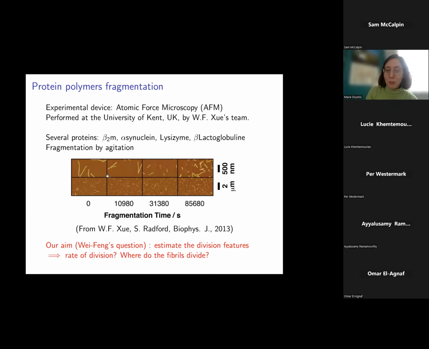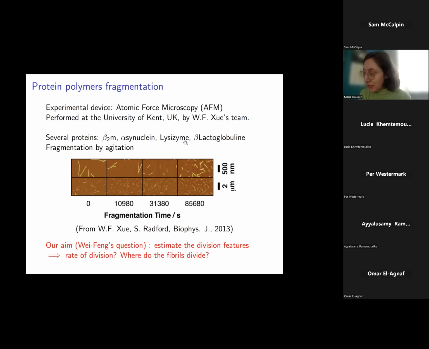As time goes on, you see the fibrils breaking down into smaller pieces. At the end there are many small pieces, whereas at the beginning only very large ones. He did that for four different proteins: beta-2M, alpha-synuclein, lysozyme, and beta-lactoglobulin.